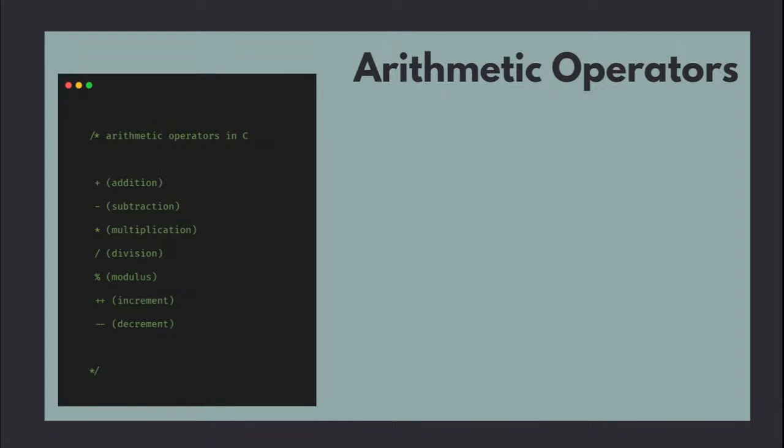So what does that modulus do? And we have something known as increment and decrement. That may be new for you if you are from some other programming language. Yeah, modulus gives the remainder after you divide a number. Very good.